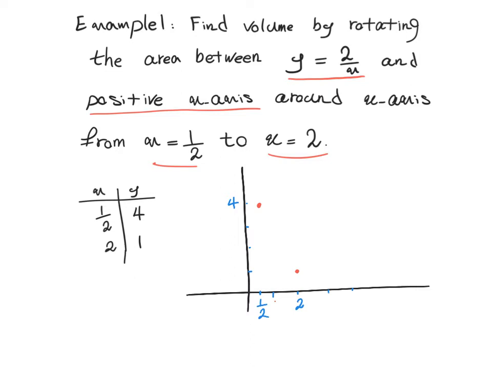So I need a little more points. If I give 4, you have 2 divided by 4, which will be half. So half is here. So it will be somehow here.